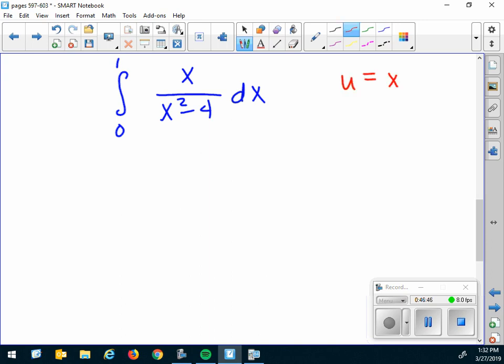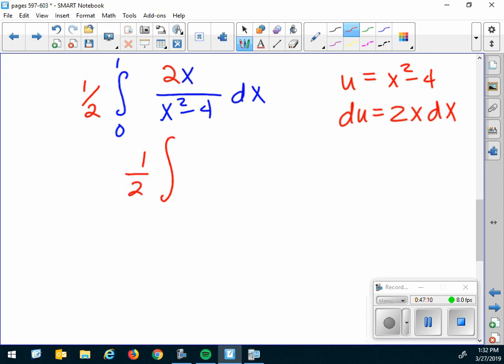So if u equals x squared minus 4, du is 2x dx. Do I need anything else in my integral? I can do that. 2. So this gives me 1/2 times the integral, and I'm going to leave off the limits for right now.